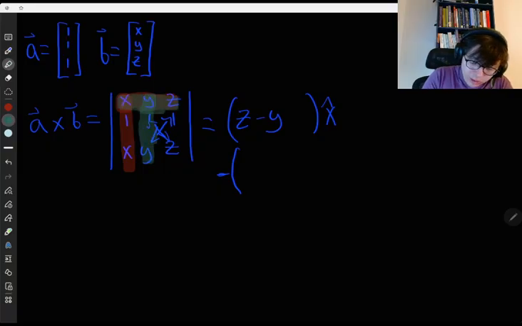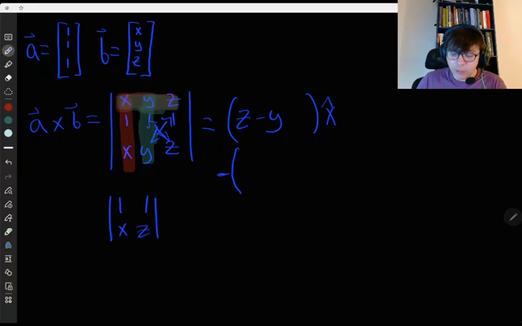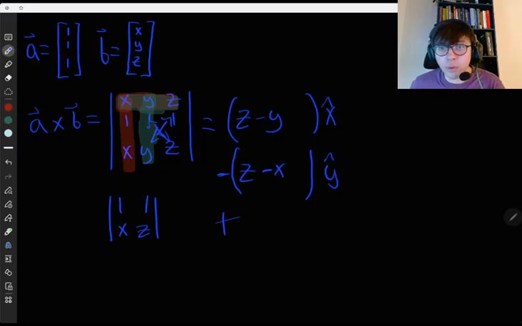So what's left over is 1, 1, x, and z. And we do our 2 by 2 determinant. In this case, it's going to be 1 times z, z, minus 1 times x, x, y hat. And then once again, dogmatically, it's an addition sign now. Why are we adding? Hey, that's just how it goes in this way.